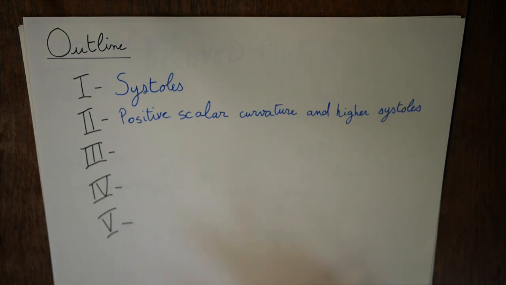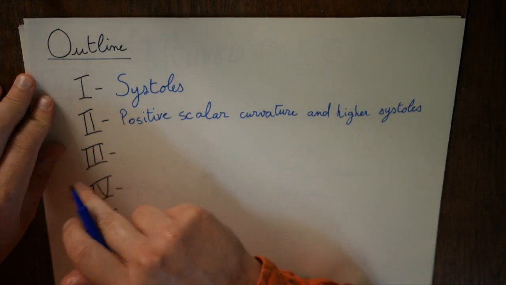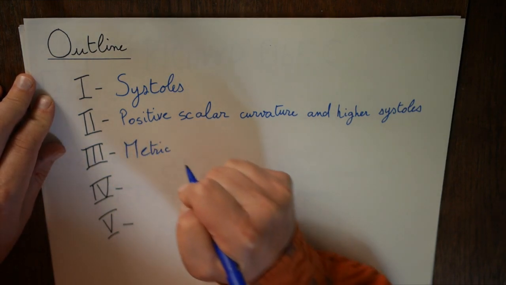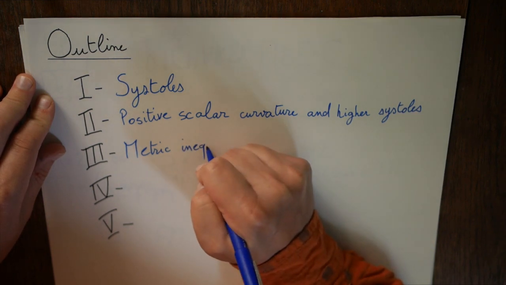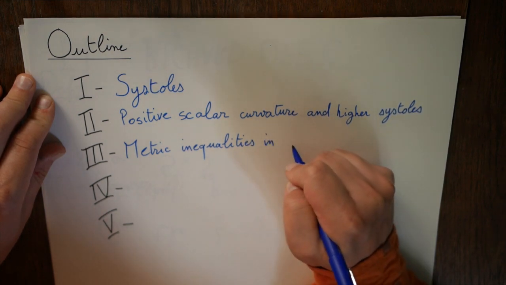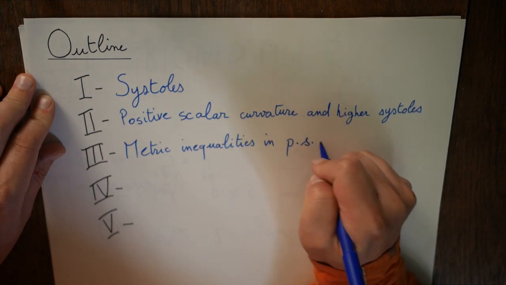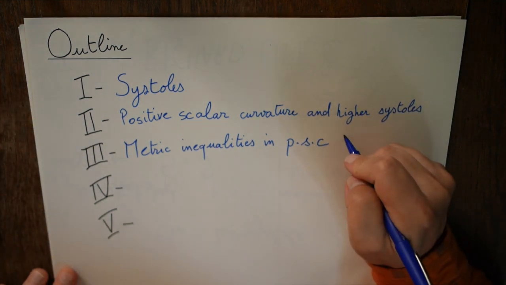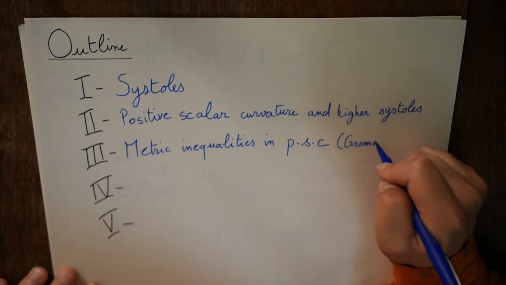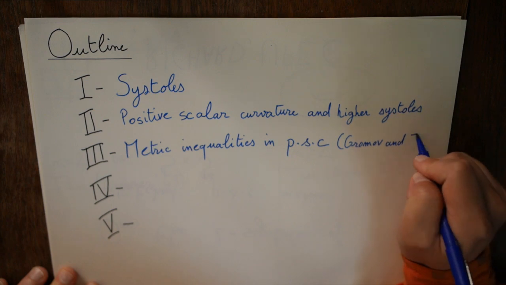Then I will present some metric inequalities by Gromov and Zhu, which will be very important in our proof: metric inequalities in positive scalar curvature, by Gromov and Zhu.